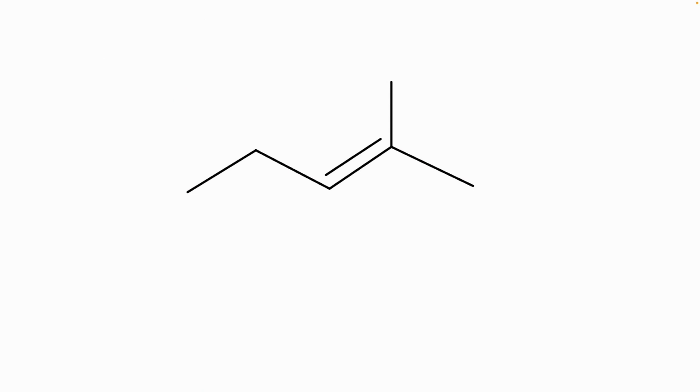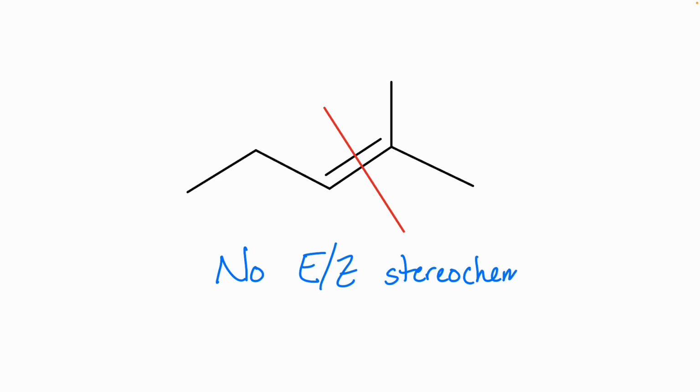Identical groups, right? If I tried to do it here, I would chop at this line, and I'd be comparing a methyl group with an identical methyl group. One of those can't be higher or lower, right? So this has no E or Z stereochemistry. And we can spy that because we have these 2 identical groups on that same carbon.